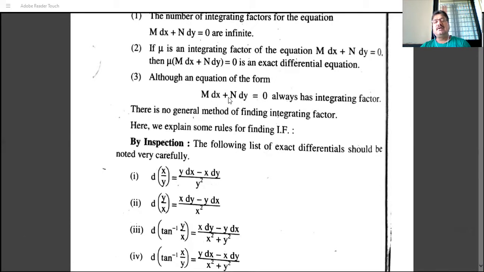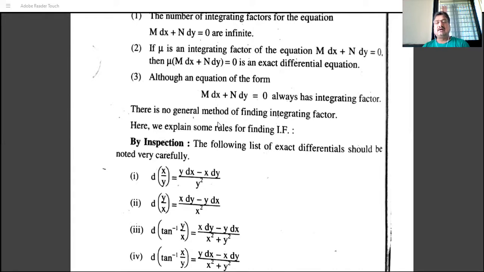So different differential equations have different methods to obtain the integrating factor. There is no general method, that is, no single method which is applicable to all non-exact differential equations.